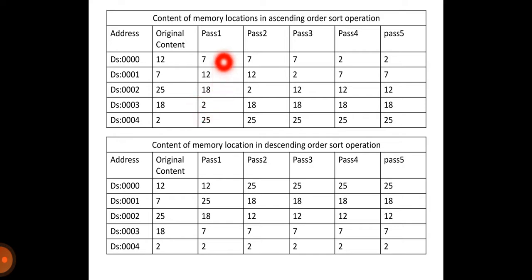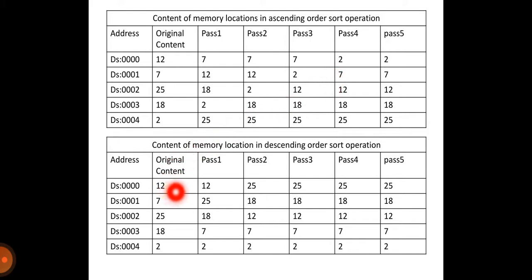Then in the second pass, from the start, 7 is compared with 12, no change, 12 is compared with 18, no change, 18 is compared with 2, change, 2 comes first, then 18. Then 7 is compared with 12, 7 comes first, 12 is compared with 2, 2 comes first, 12 is compared with 18, no change, and further there is no need to check.